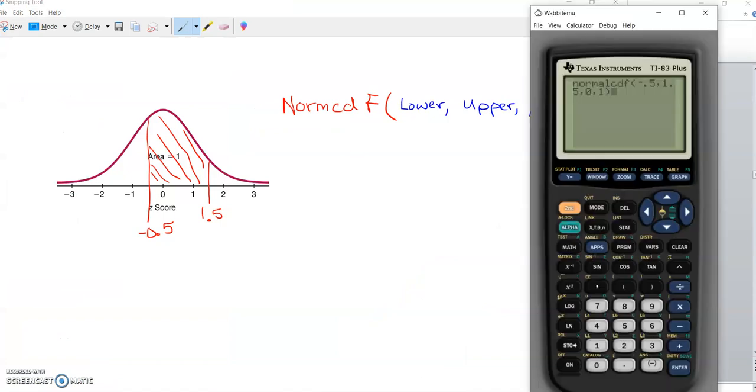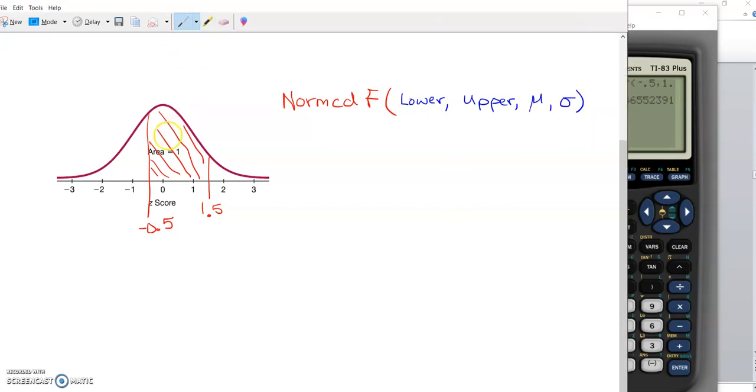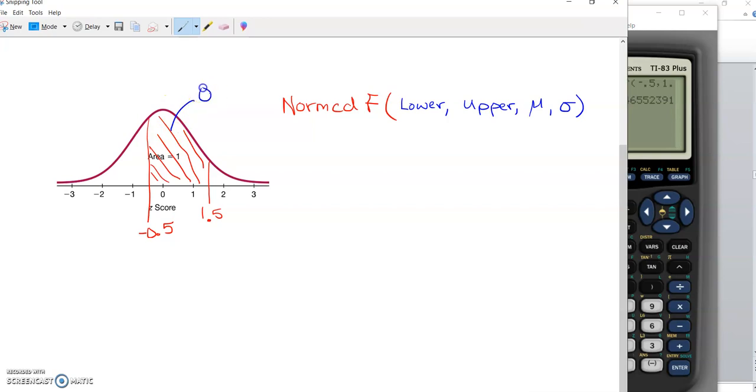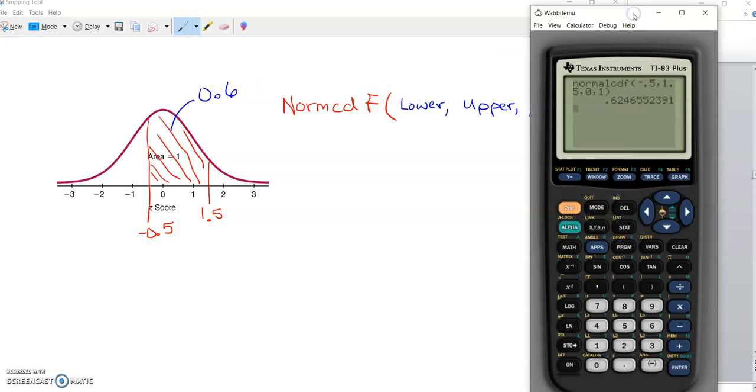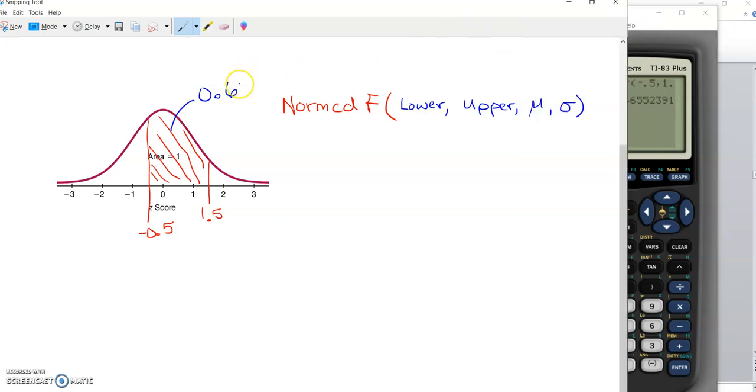Okay, and so we hit enter, and it's telling us that the area is 0.625, or that would be 62.5% if they want a percentage.